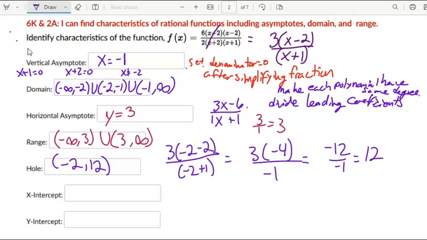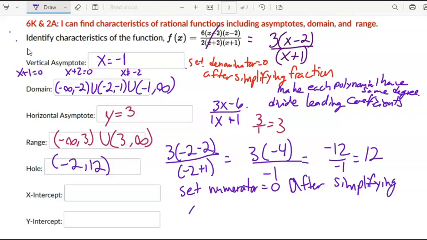Now to find the x-intercept, you want to set the top part equal to 0 after it's simplified. So then we have x minus 2 equals 0.